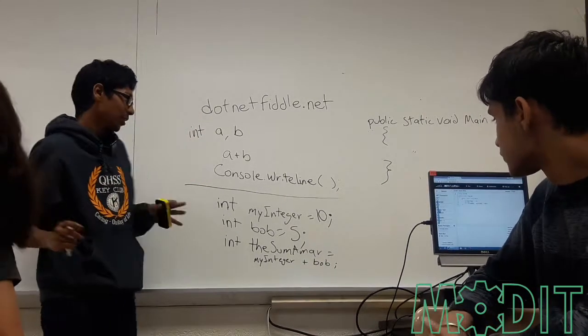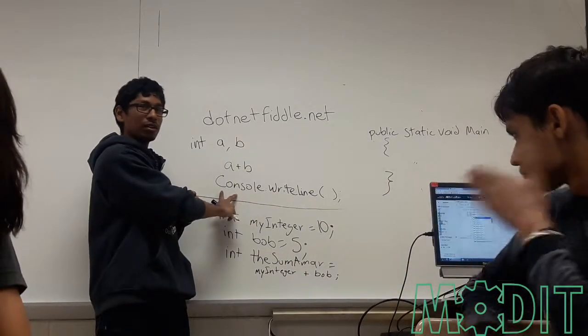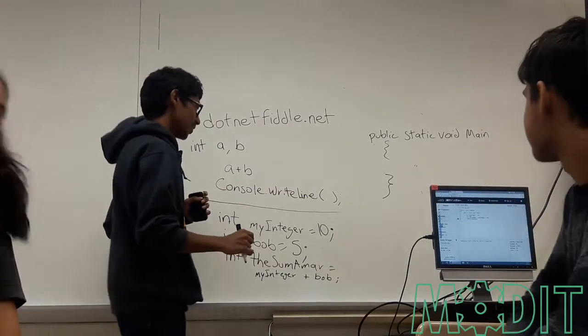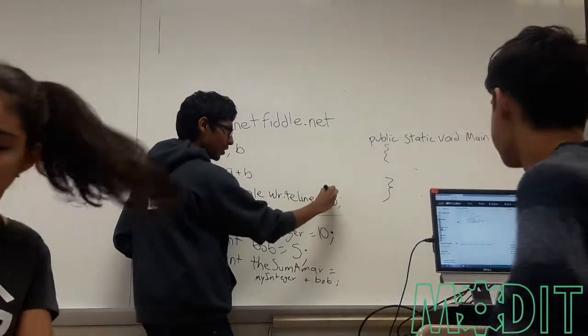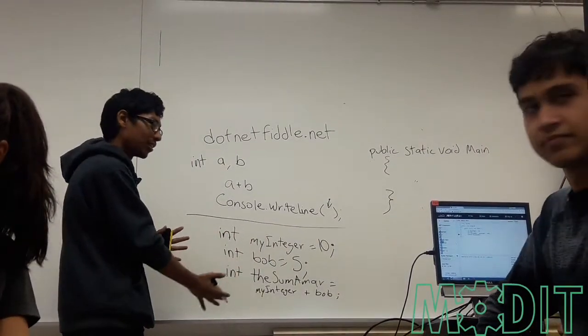Okay, and then you can use this line here to write to the window at the bottom. So in here, you just put the name of whatever you want to print to the console.